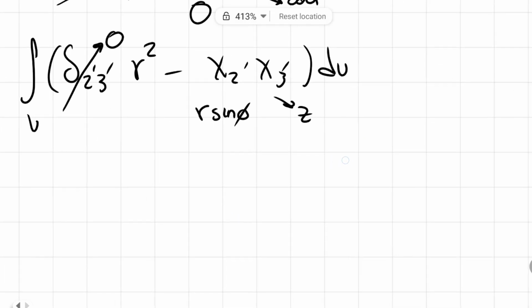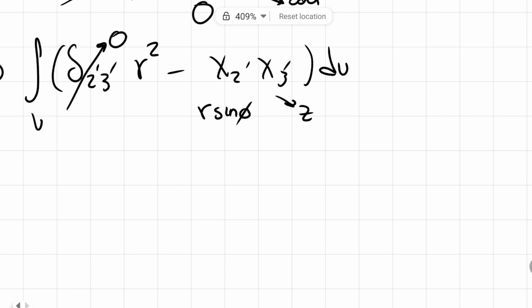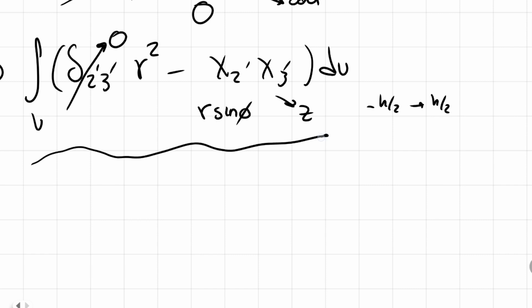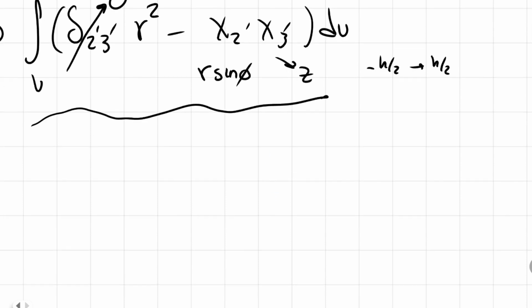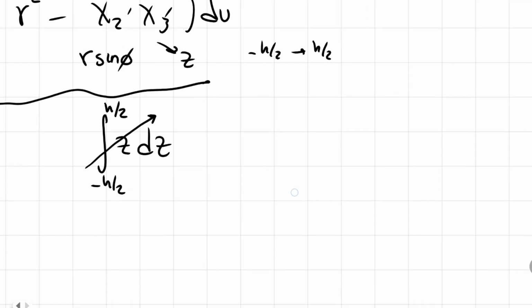Okay, so looking that the limits of integration for z are from minus h over 2 to h over 2, that means that this whole integral splits into 3 integrals. One of those 3 integrals is going to be of the form z dz from minus h over 2 to h over 2.